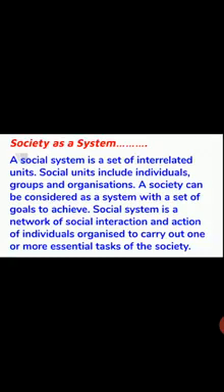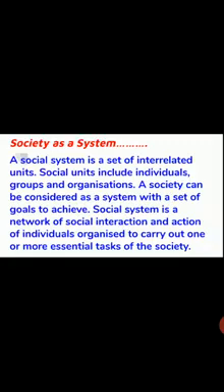If we try to discuss the society as a system, then we get that a social system is a set of interrelated social units. Social units include individuals, groups, and organizations. A society can be considered as a system with a set of goals to achieve.